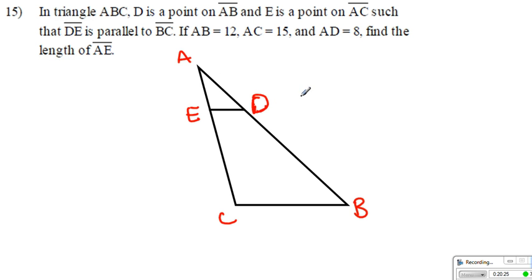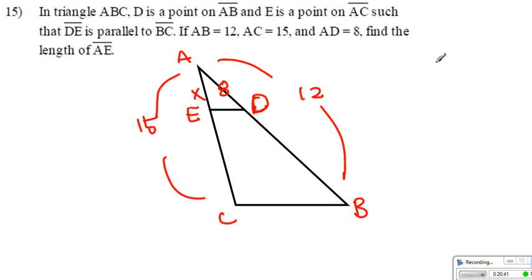Okay, so AB is equal to 12 and AC is equal to 15 and AD is equal to 8. Find the value or length of AE, which is equal to x. So all we have to do is x to 15 must be equal to 8 to 12. And we get 12x is equal to 120. Therefore, x must be equal to 10.